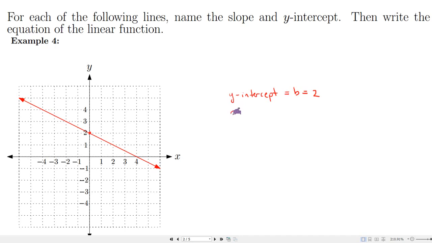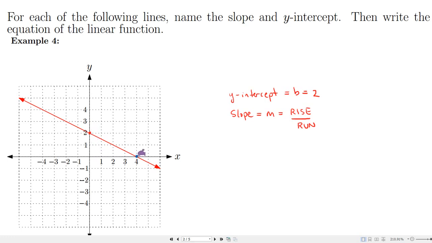And how do we determine the slope? Well, we use the graphical interpretation, so rise over run. Let me switch to a different color here so we can illustrate this a little bit. Let's say that you wanted to go from this point to this point here.